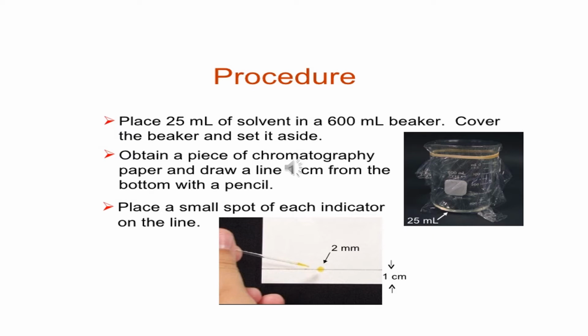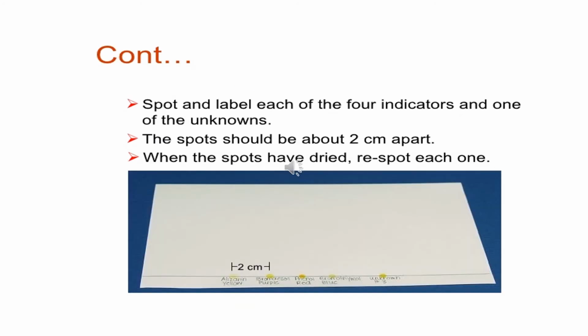Then place a small spot for each indicator on the line. Spot and label each of the 4 indicators and one of the unknown. The spots should be about 2 cm apart. When the spots have dried, respot each one.